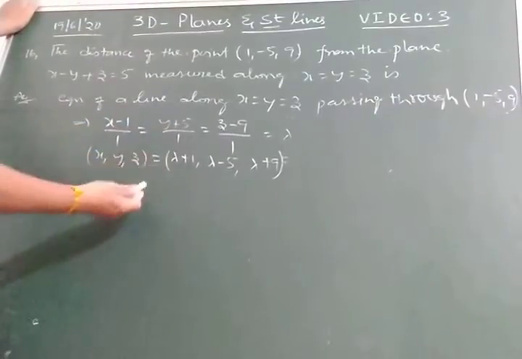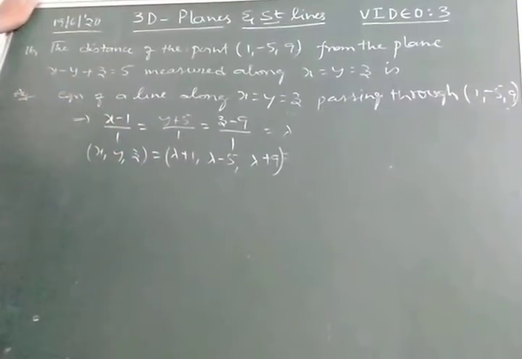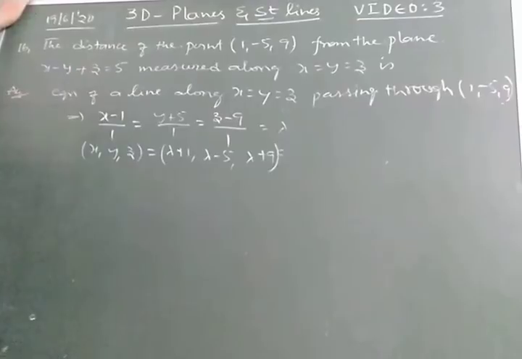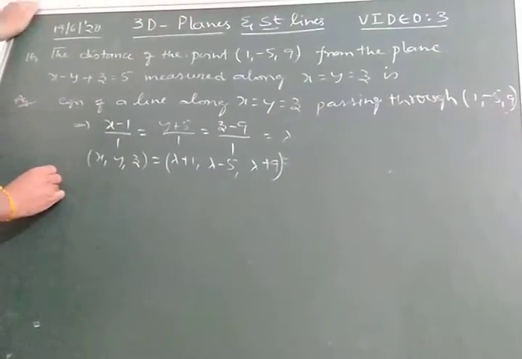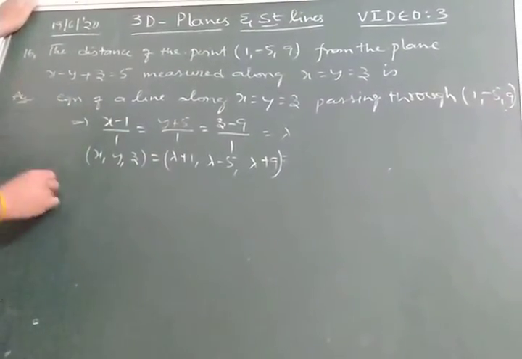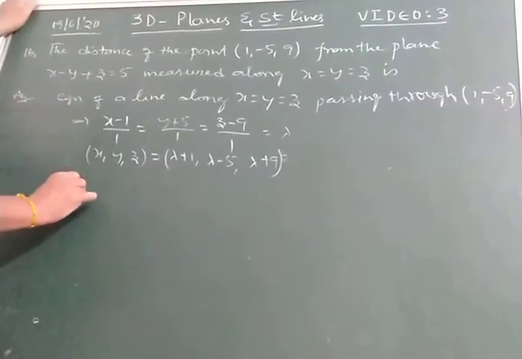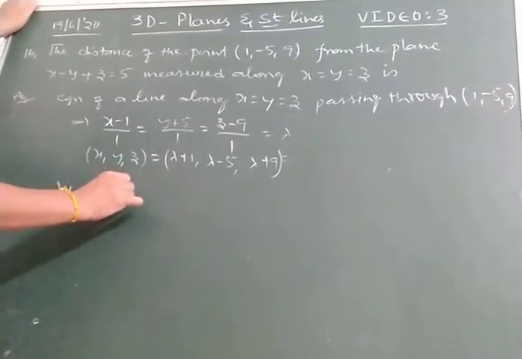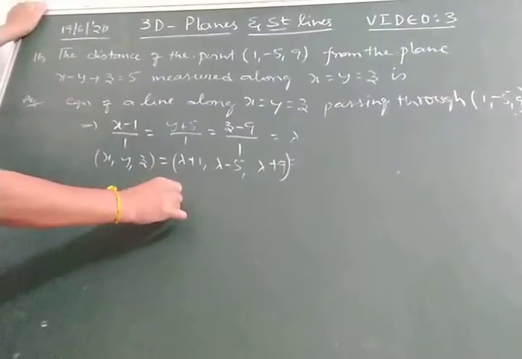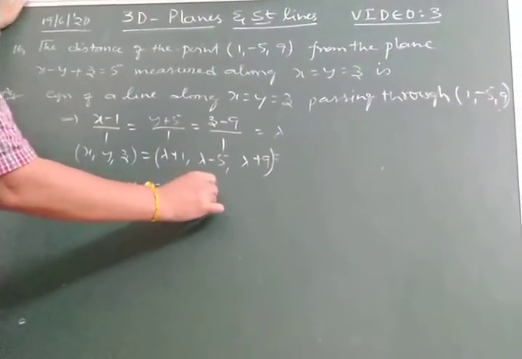The distance from this point to the plane: if the point is substituted on this plane, lambda plus 1 minus lambda plus 5 plus lambda plus 9 minus 5 is equal to 0.